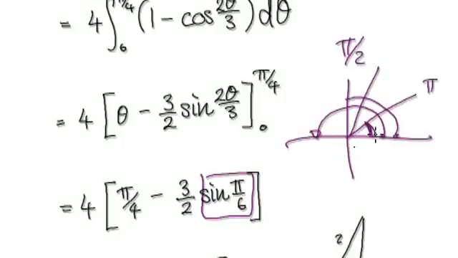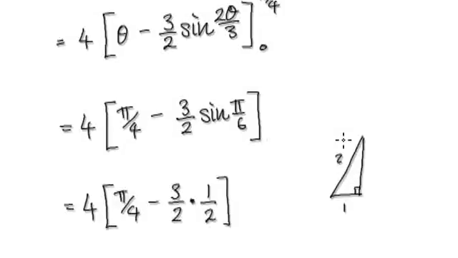Pi over 6 is really like 30 degrees, because you're cutting 90 degrees into 3 equal parts. Whenever you see this, think of 30 degrees. Think about this famous triangle where you have the adjacent as 1, the hypotenuse as 2, then this is 60 degrees, this is 30 degrees. 30 degrees is pi over 6.